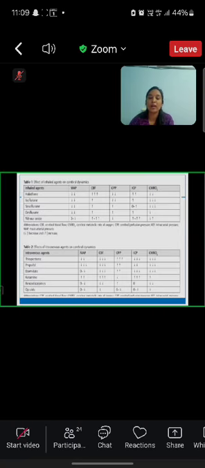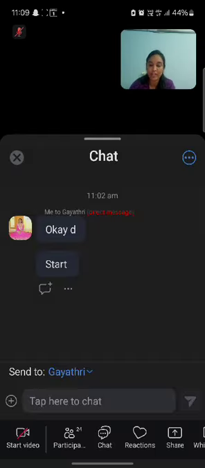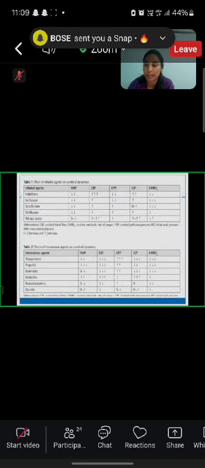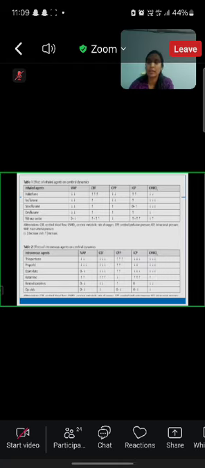This table shows the effects of inhaled agents and IV agents on cerebral dynamics. Inhaled agents increase cerebral blood flow, increase intracranial pressure, and decrease cerebral metabolic rate. As I said earlier, the flow metabolism coupling is altered while using inhaled agents. With intravenous agents, cerebral blood flow is decreased, CMR is also decreased, and ICP is also decreased.